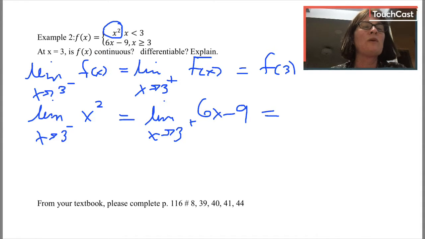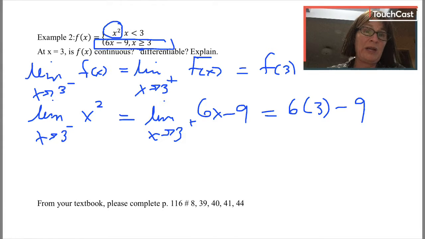And that's going to have to equal f of 3. I'm going to find that using the bottom rule, because it's the bottom rule that specifies that it's active when x is exactly equal to 3. So it's going to be 6 times 3 minus 9.